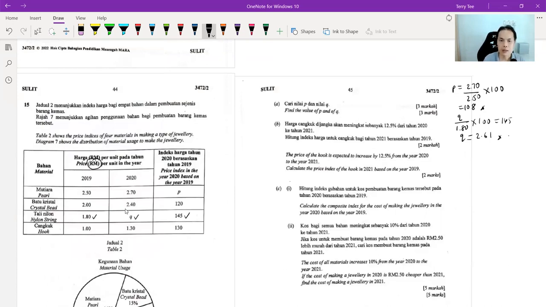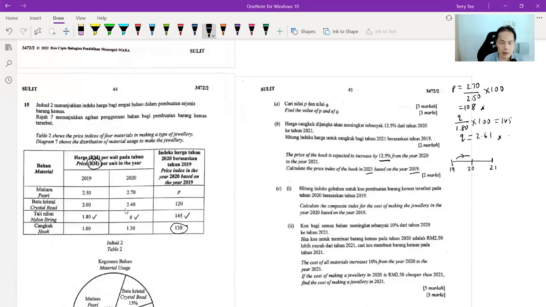Part B, the price of a hook is expected to increase by 12.5% from 2020 to the year 21. Calculate the price index for 21 based on 2019. So whenever you have two consecutive indices given for the hook, we know this 130, all right? I like to use what we call the simplified chain rule. So this 2019, this 2020, this is 2021.